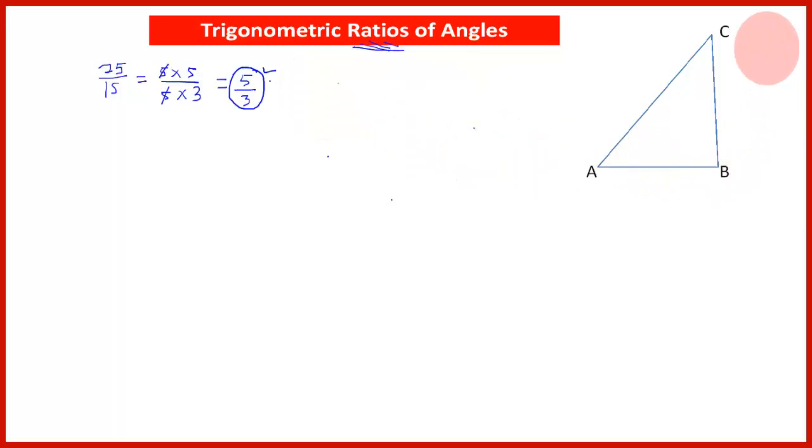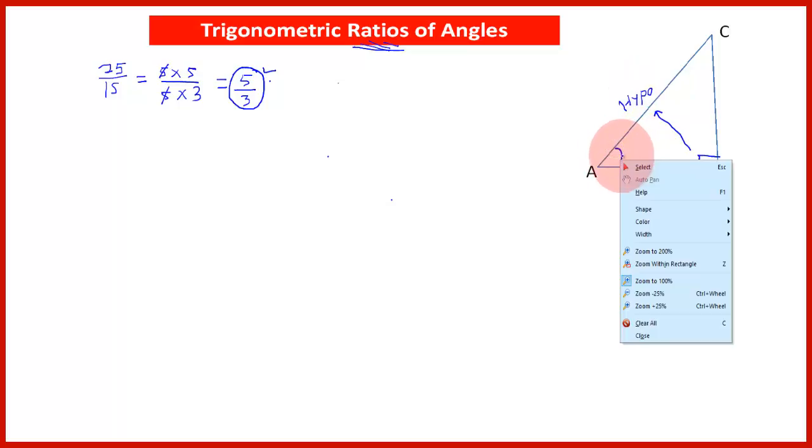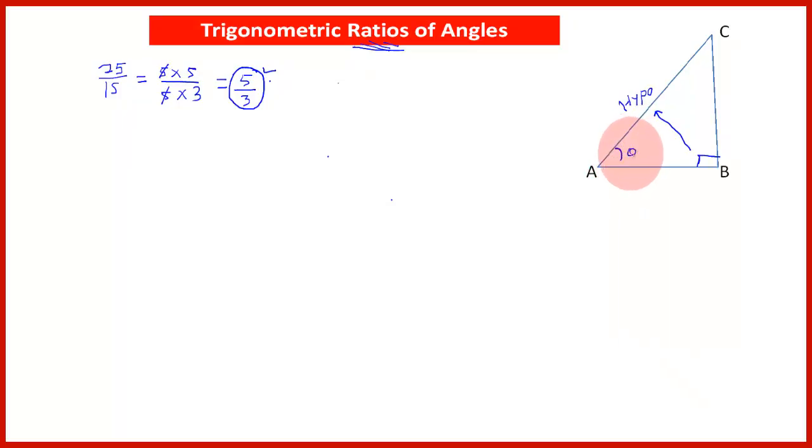Suppose this is a triangle ABC, and in this triangle ABC angle B is 90 degrees. Then we know that the side which is opposite to the 90 degree angle is always called the hypotenuse. And here I denote angle A by theta.